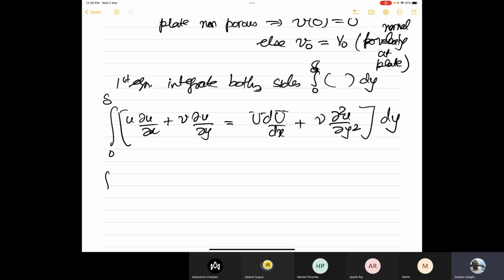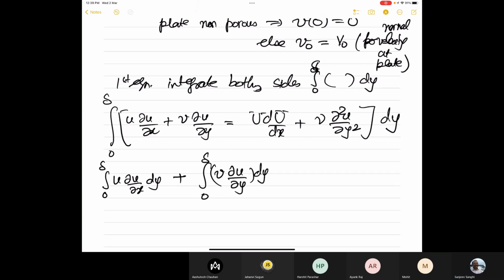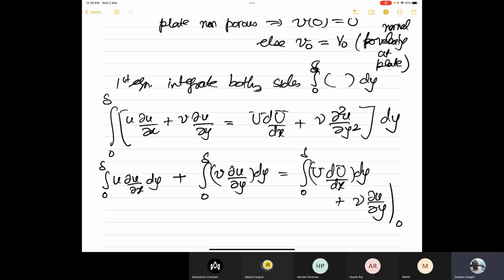So this becomes equal to integral from 0 to delta u ∂u/∂x dy plus integral from 0 to delta v ∂u/∂y dy is equal to integral from 0 to delta, now when I integrate ∂²u/∂y², this will become the first derivative with limits being at 0 and delta.